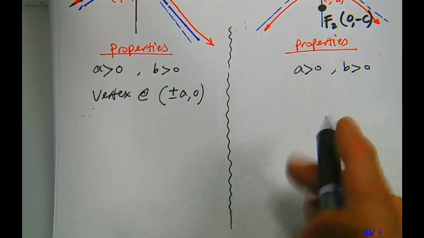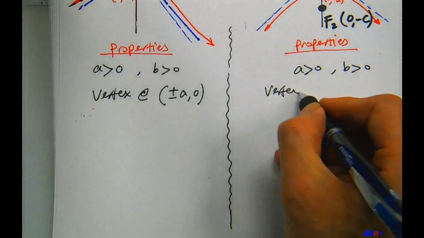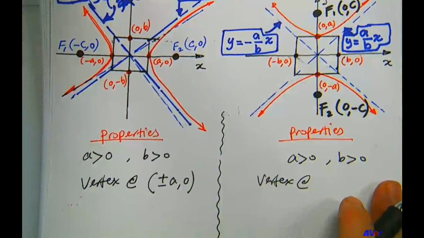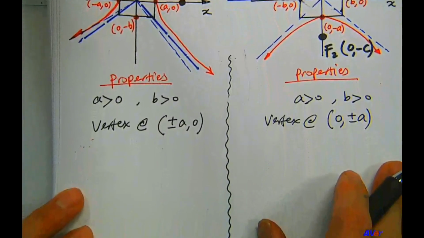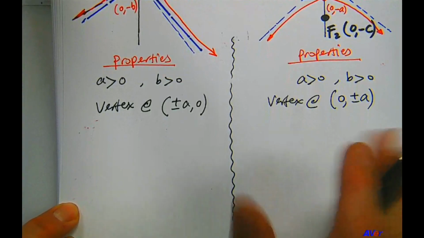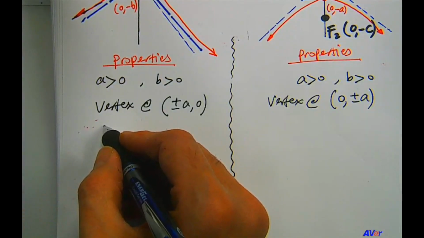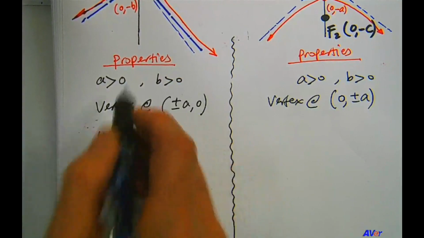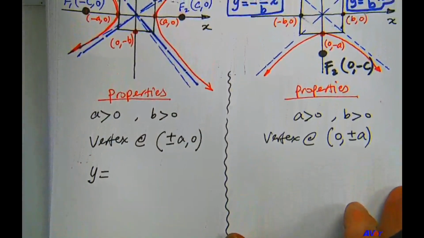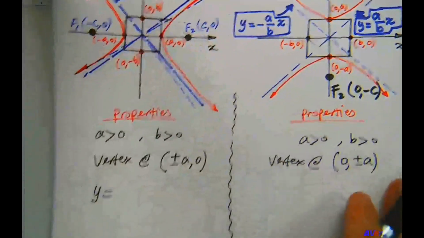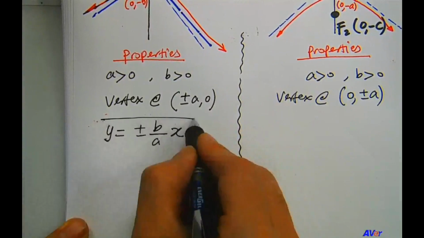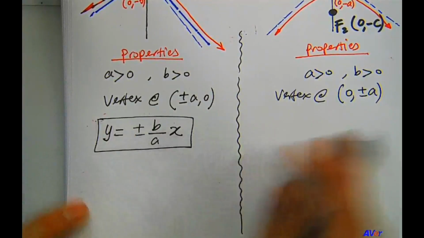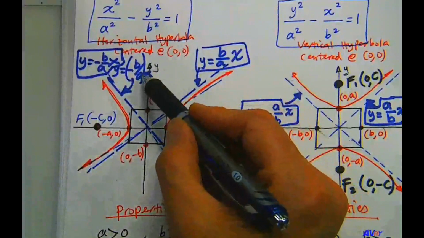And then the vertex here, because this is a vertical hyperbola, right? So the vertices are at 0 comma plus or minus A. And the equation of the asymptotes for the horizontal hyperbola is plus or minus B over A times X. So this formula is more clear than what I have here, right?